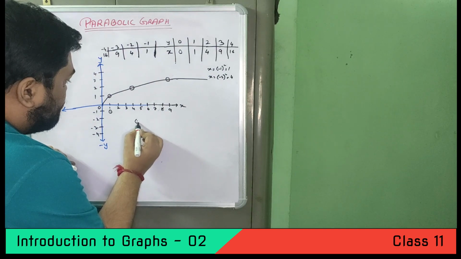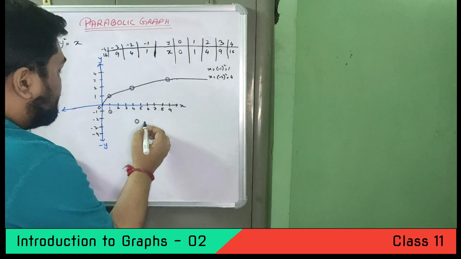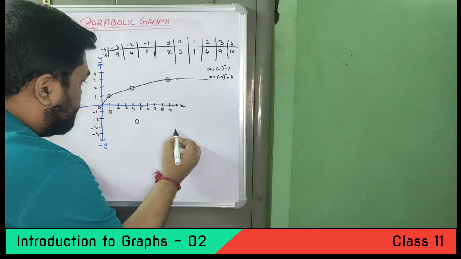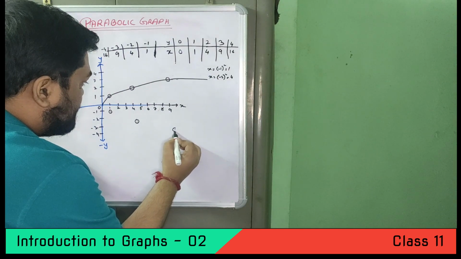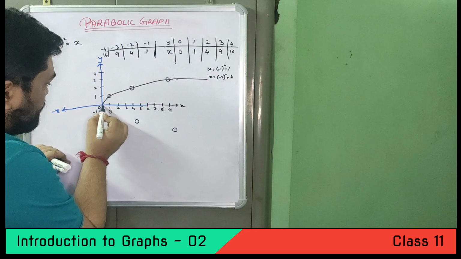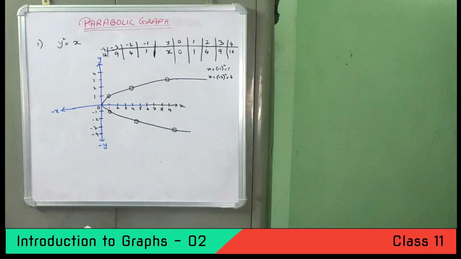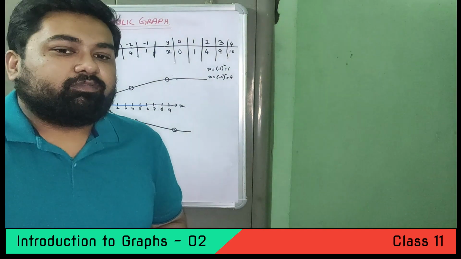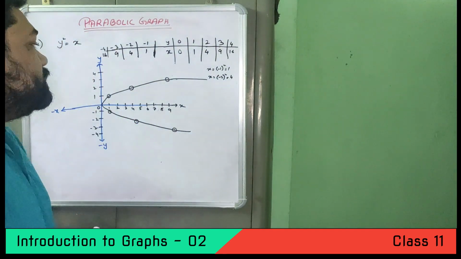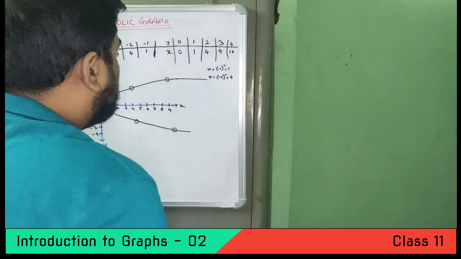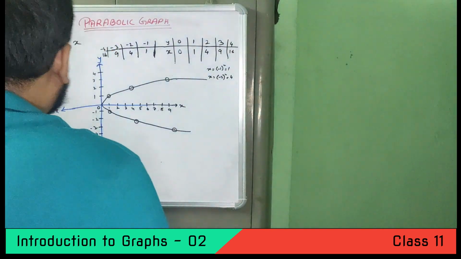So it will lie somewhere here. For minus 3, that means here the coordinate will lie at 9. So it will go on like this. So in this way a parabolic graph actually looks like. This is what a parabolic graph looks like.